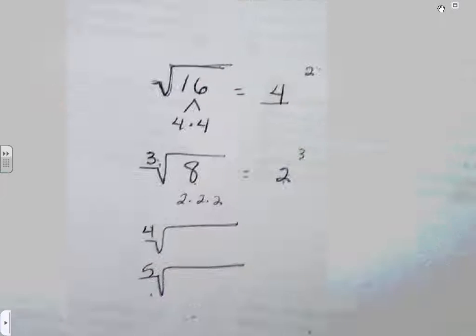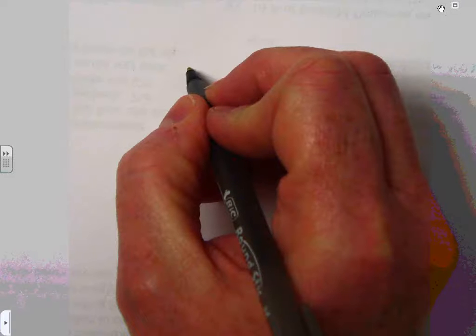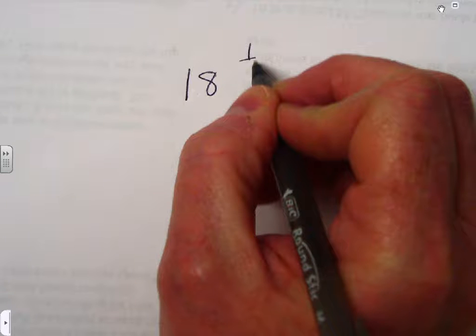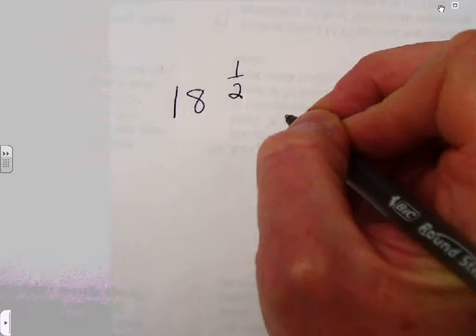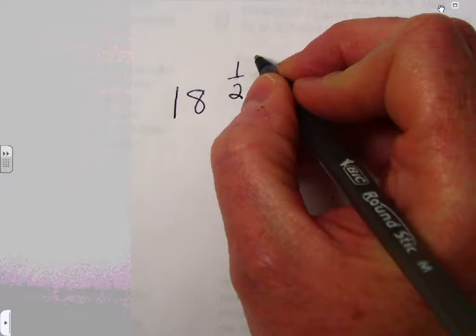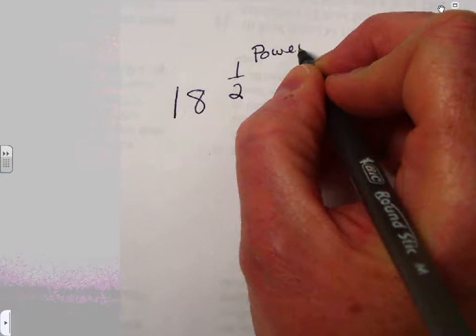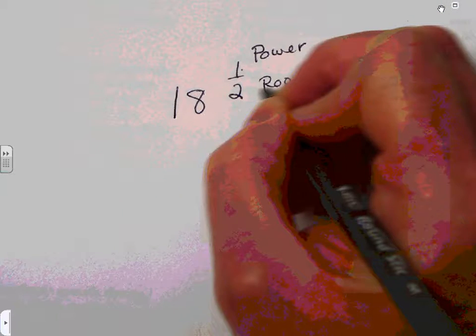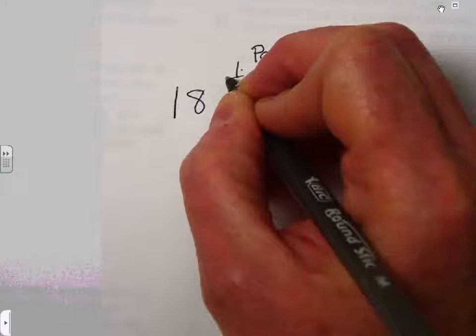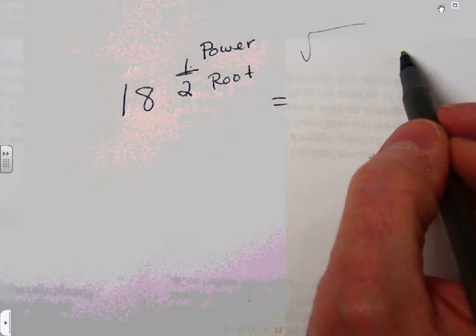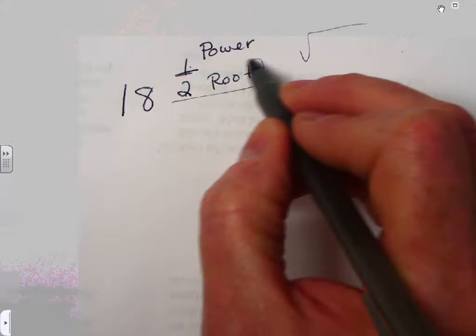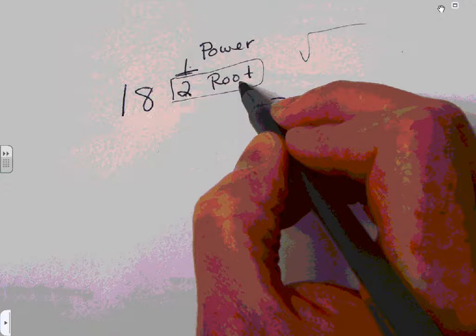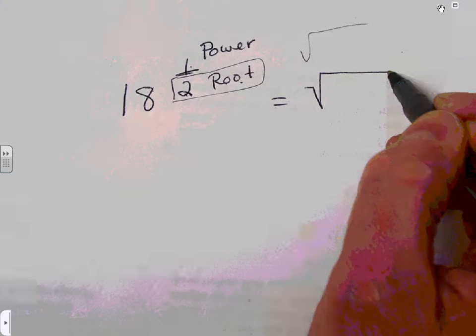Now, if we have a fraction for an exponent, so if I have like 18 to the 1/2 power, what I'm actually telling you here is I want a power of 1, but I want the squared root. So if I wanted to actually write this with one of these radical symbols, if I want a 2 for the root, I want just the plain square root symbol, right?